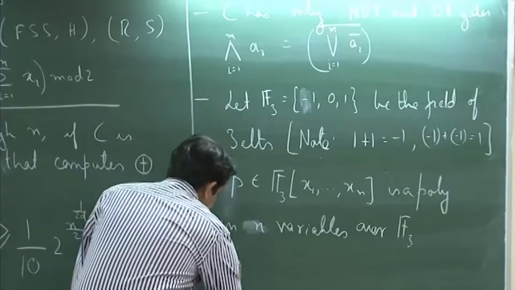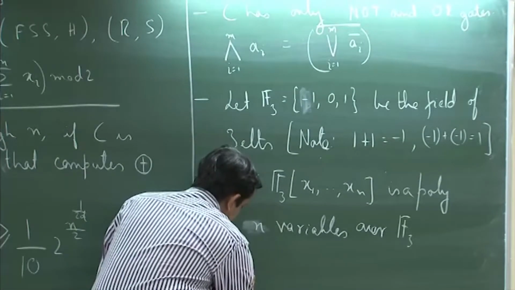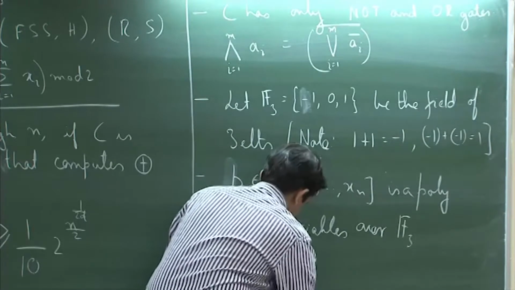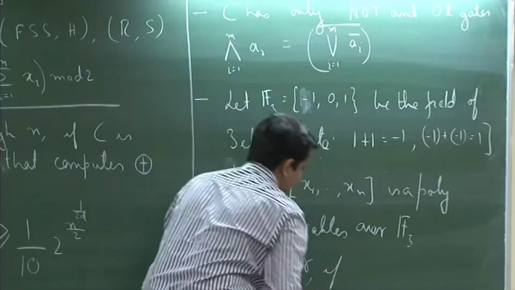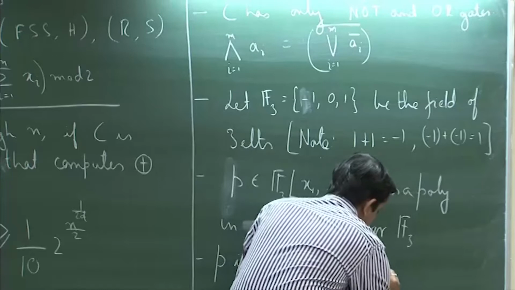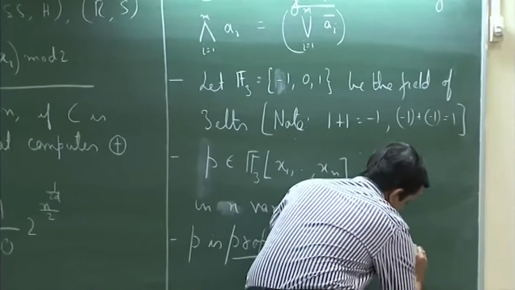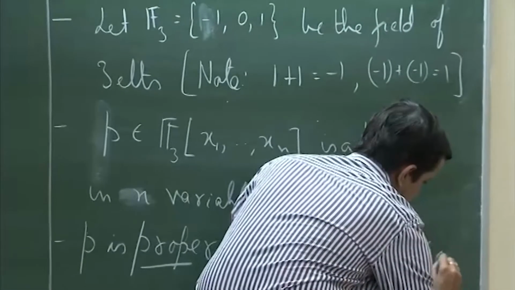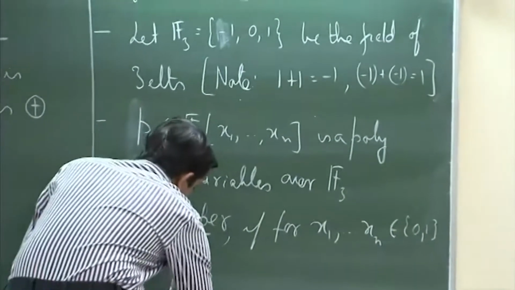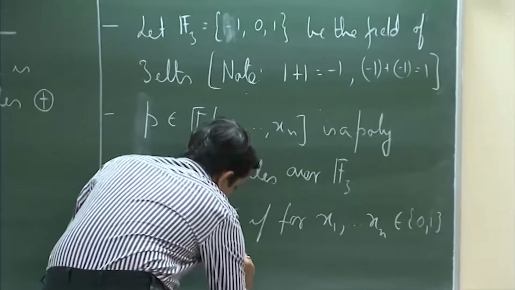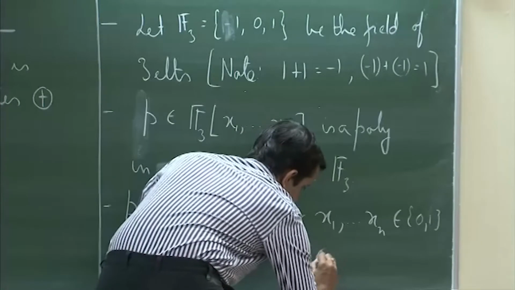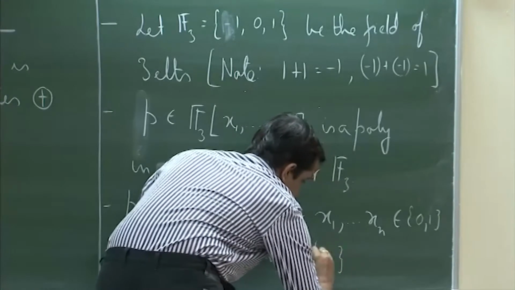So, we say that P is a proper polynomial if for x1 through xn belonging to 0, 1, P of x1 through xn also lies in 0, 1.